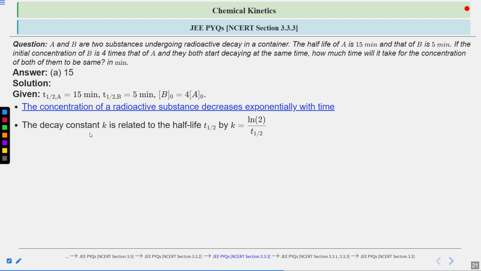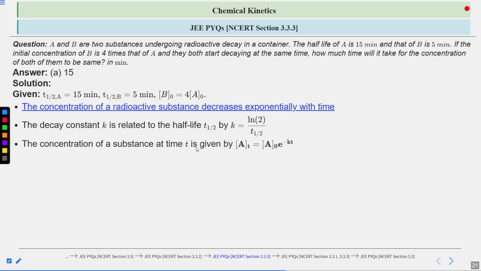Now the decay constant K is related to the half-life by K is equal to ln2 by T half. Basically, radioactive decay follows first order kinetics, and in first order kinetics, we have studied that the relationship between the half-life and K is ln2 by T half.